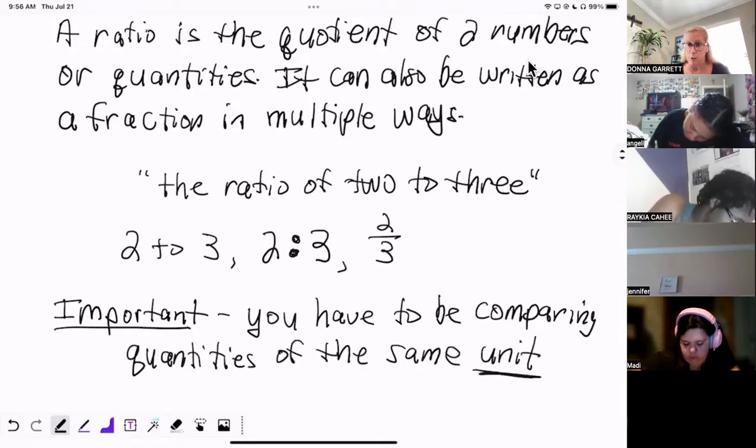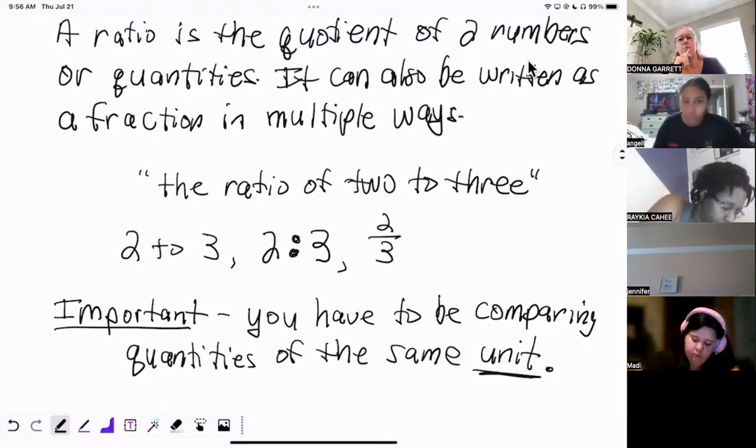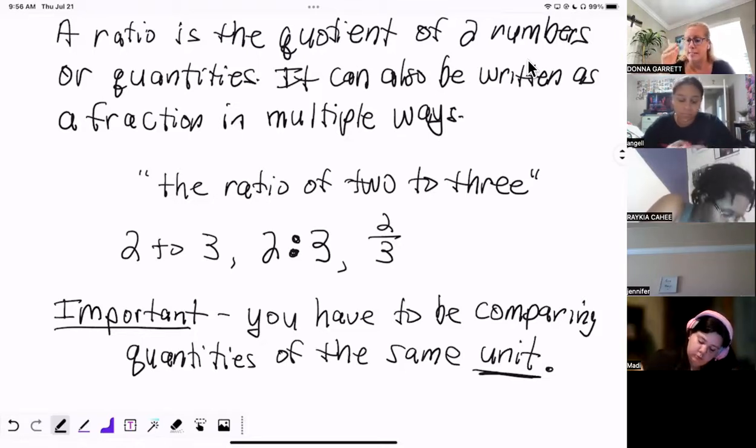They have to be the same unit, or else it's not a ratio. For instance, if you have 6 inches and 3 feet, that's not a ratio. You have to make them all feet, or you have to make them all inches. They have to be the same unit to be a ratio.